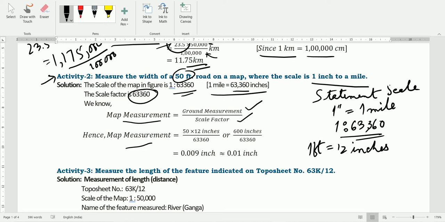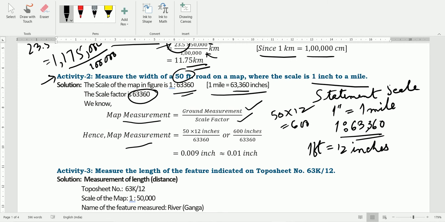1 foot is equal to 12 inches, and that is why we are multiplying 50 by 12 inches, divided by the scale factor. Here the scale factor is 63360. When we multiply 50 with 12, we get 600 inches.